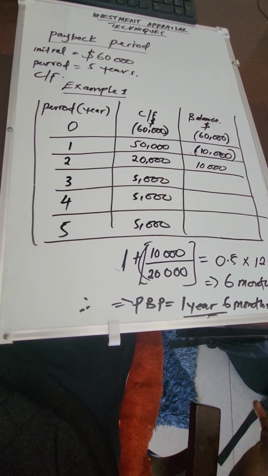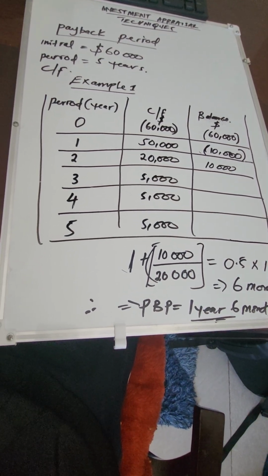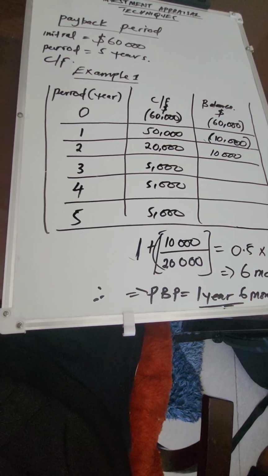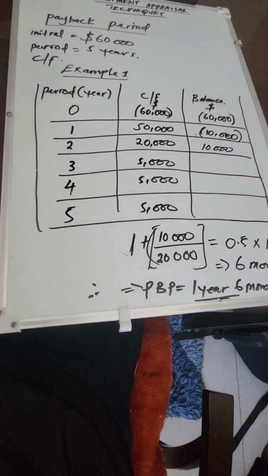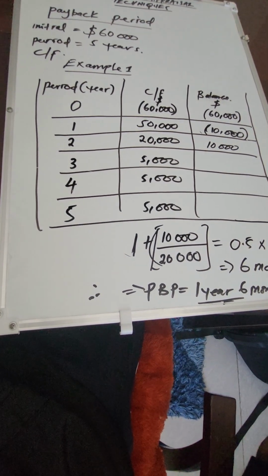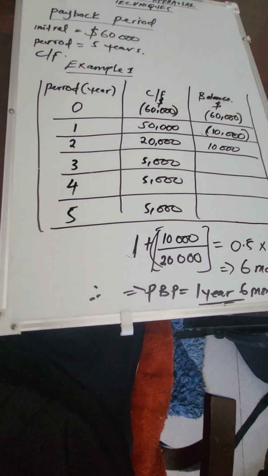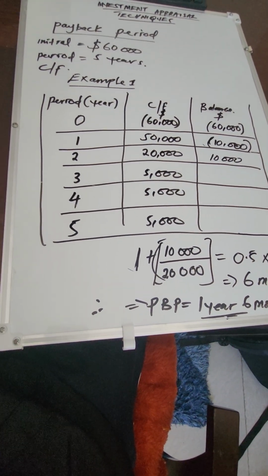It's not a very complicated technique. It's very easy. That's one of the advantages. It's very easy to understand. It's very easy to calculate. It tells you when exactly you're likely to receive your initial capital that you had injected into a project or a business, right?